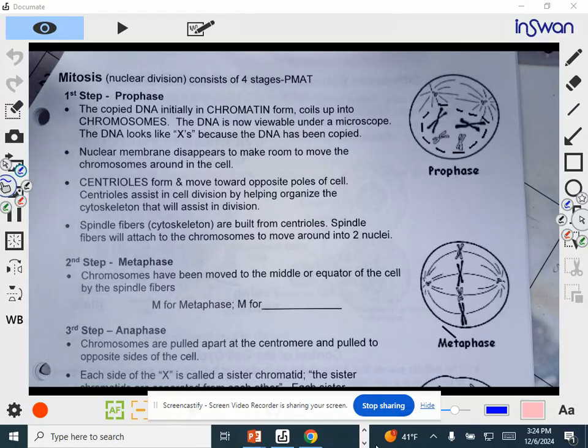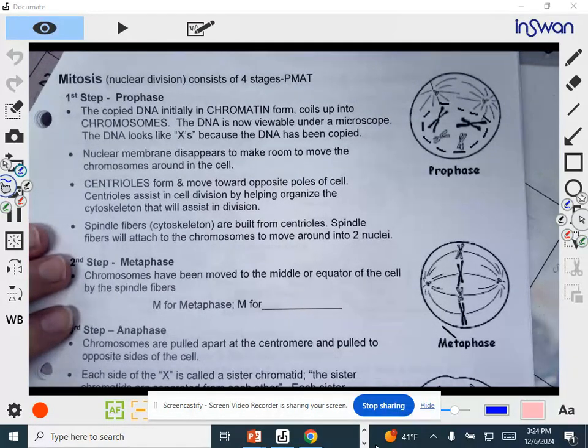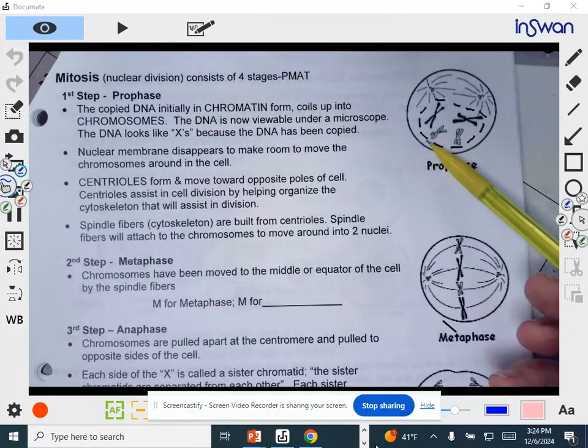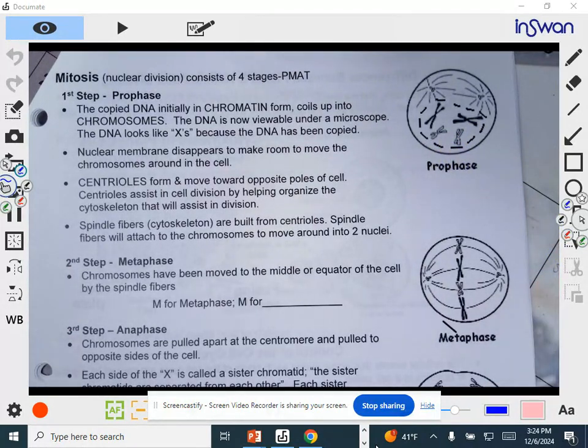Now, the set of copied chromosomes are going to coil up into chromosome form. So this is the first time you can see DNA, and we can even see this DNA now if we're looking at the cell underneath the microscope.